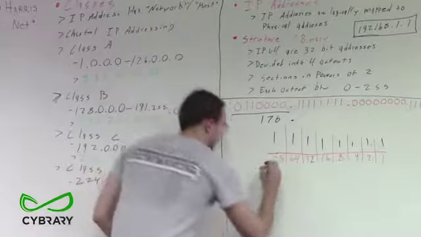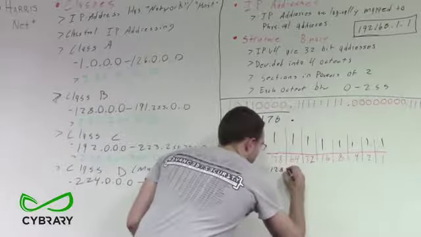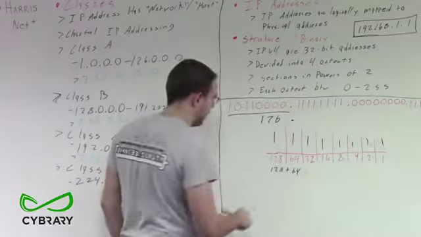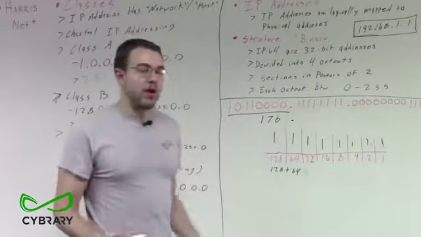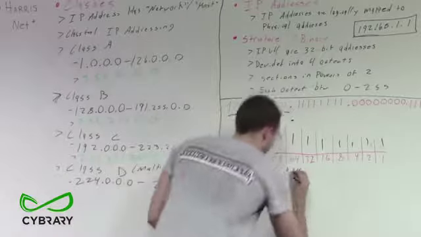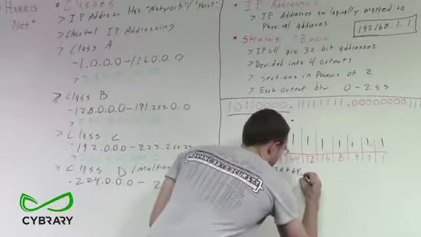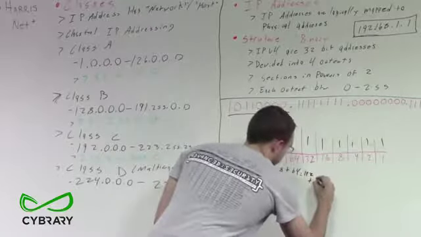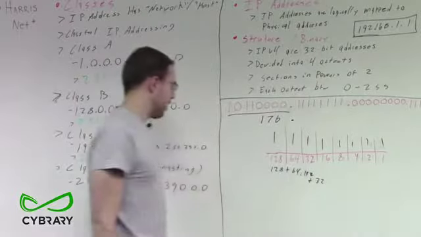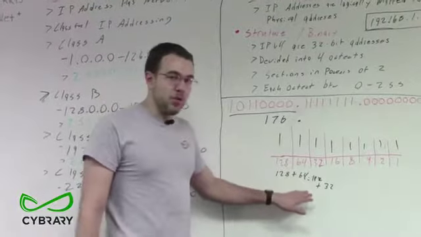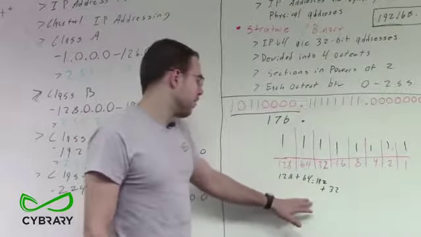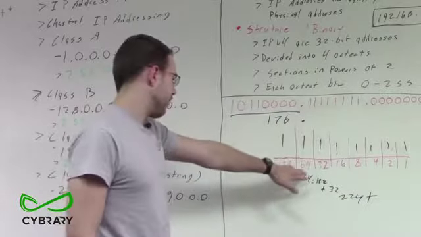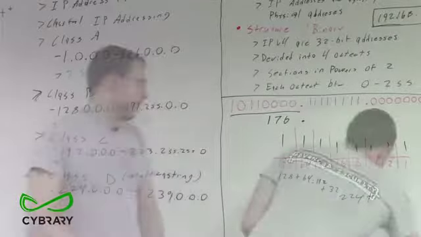So we have 128 plus 64, which gives us 192. Then we add that to our 32, and 192 plus 32 gives us 224. Our 224 plus our 16 gives us 240.